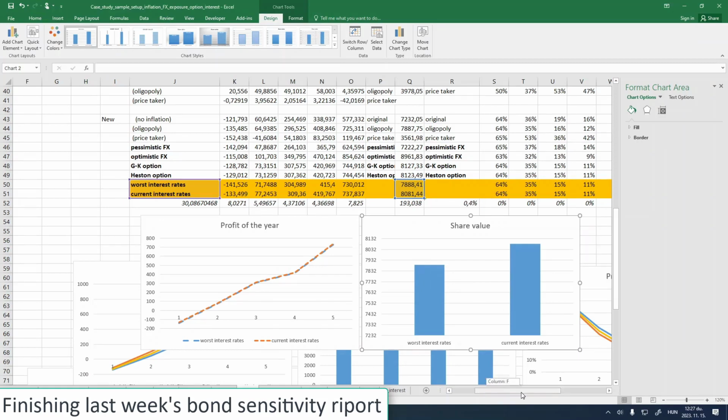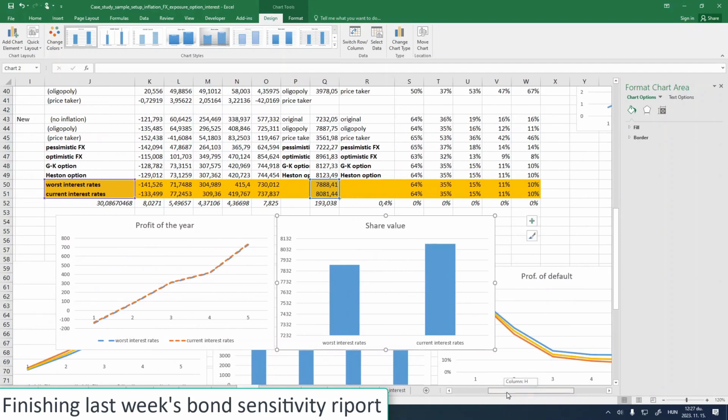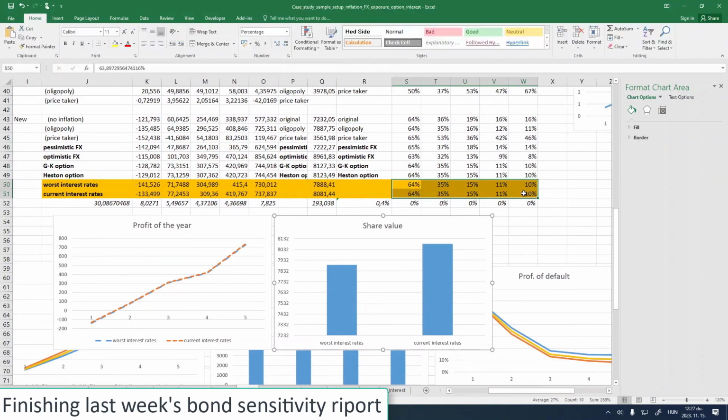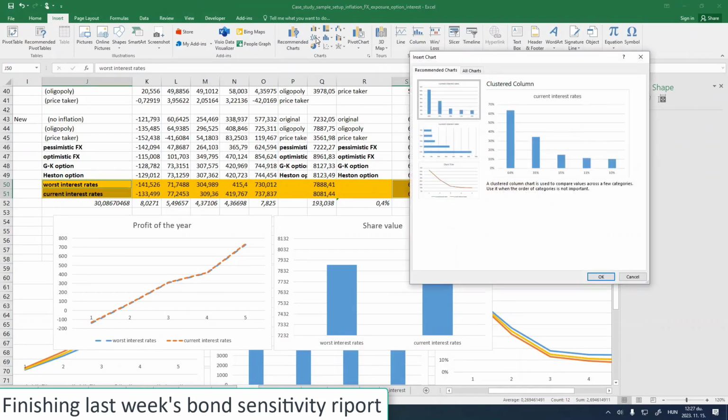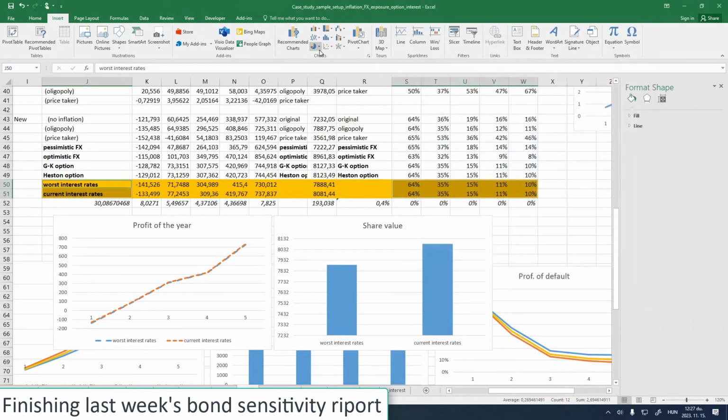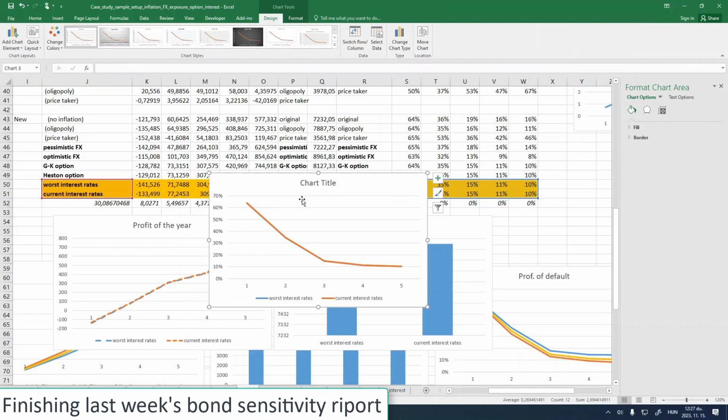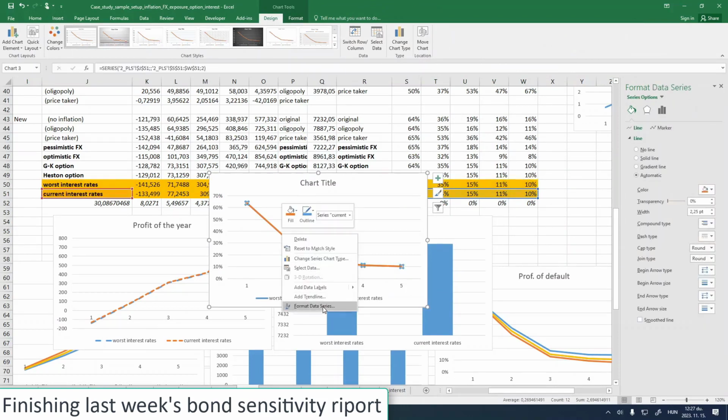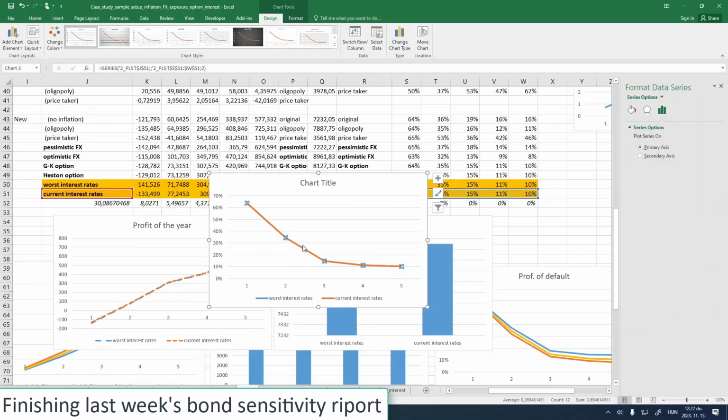Okay, now we have to do some magic also here to make them visible.